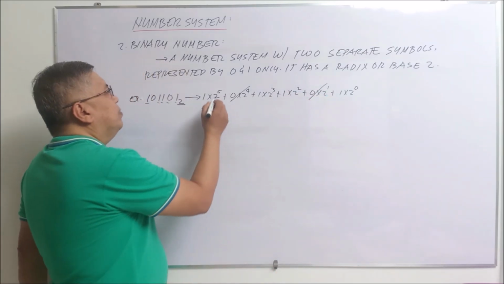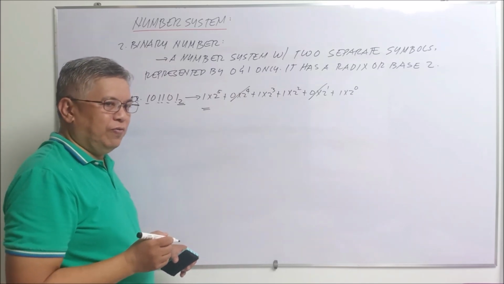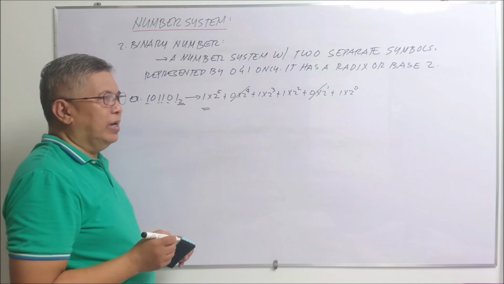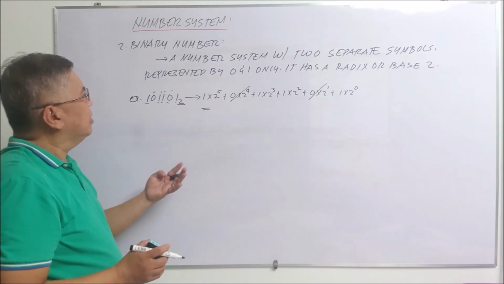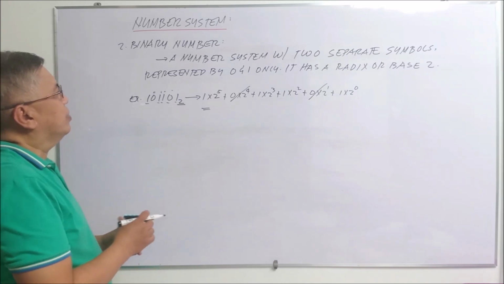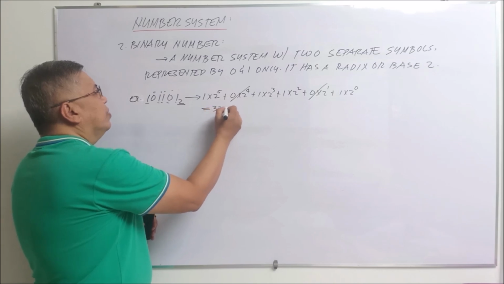So what is 2 to the 5? 2, 4, 8, 16, 32. So 32 times 1 is 32.